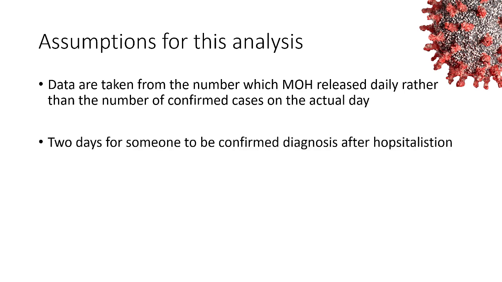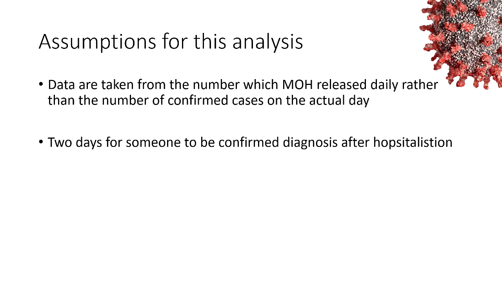The next assumption, which is a big assumption, is I assume that it takes 2 days for someone to be confirmed diagnosis after they are being hospitalized. So this is actually very important, which I will explain why later on.